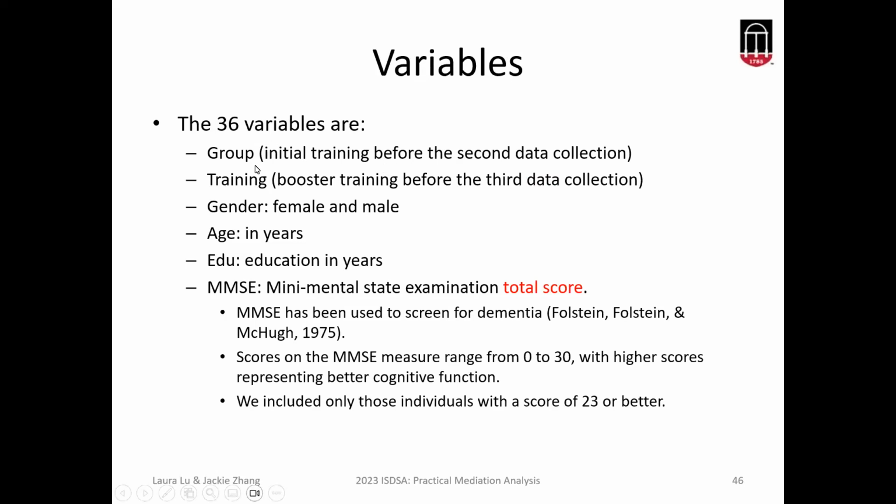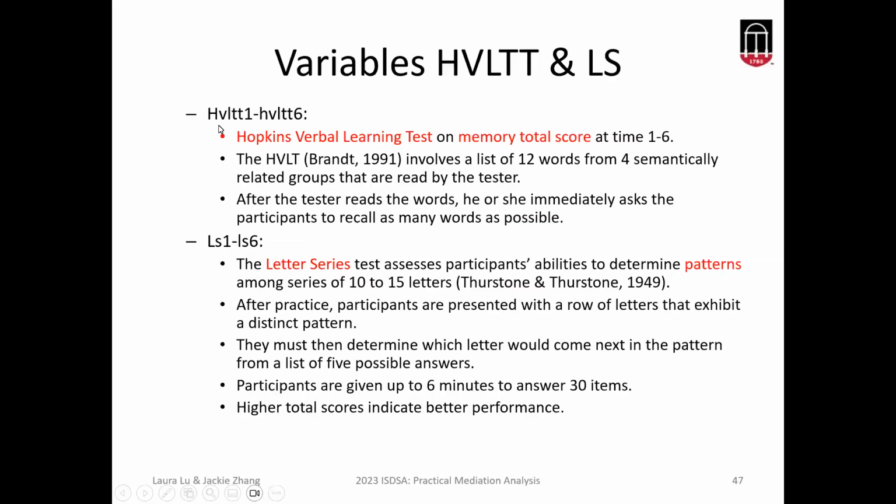I just listed all the variables, for example gender, age, EDU, and MMSE. HVLTT 1 to 6, because we have 6 waves of measures. HVLTT is short for Hopkins Verbal Learning Test, and this test is for memory ability. So this is a memory total score.